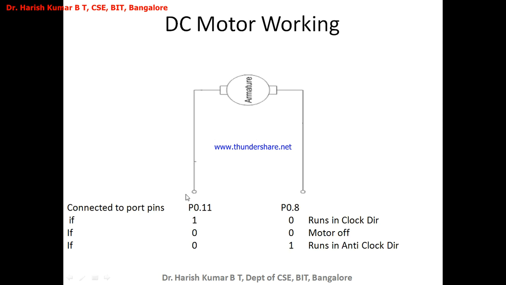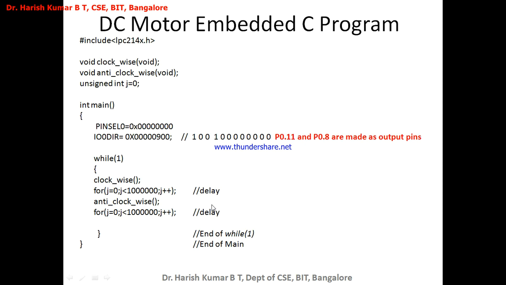Since these two come in the range P0.0 to P0.15, and in the previous class I already explained, to make the port pins P0.0 to P0.15 operate in the general purpose input output mode, I have to make use of the PINSEL0 register and put all zeros.